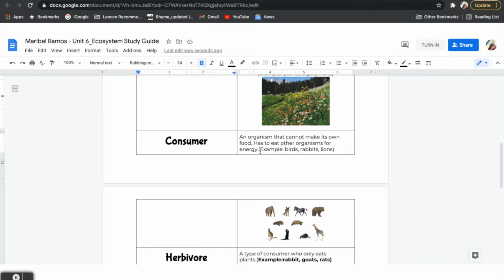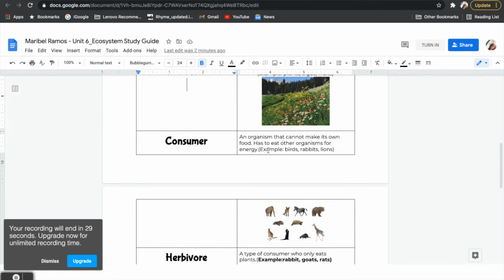Some consumers like to eat certain plants, other consumers like to eat animals, or some consumers like to eat both. Some examples of consumers are birds, rabbits, lions, grasshoppers. All these different animals are consumers because they have to eat other organisms.